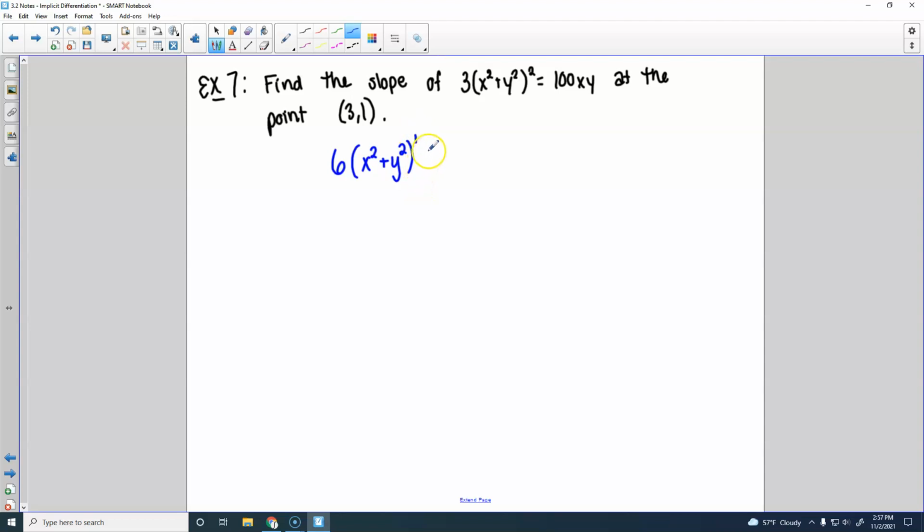And then it's going to be times 2x plus... Perfect. Good job.